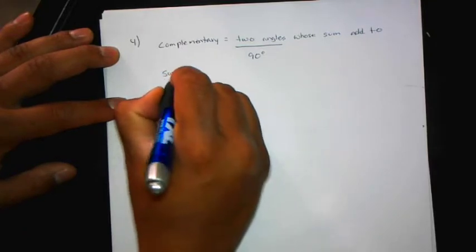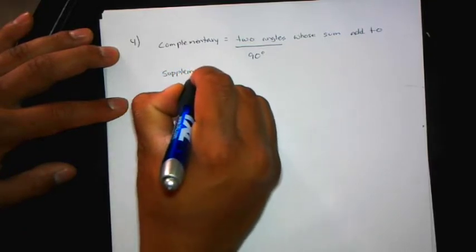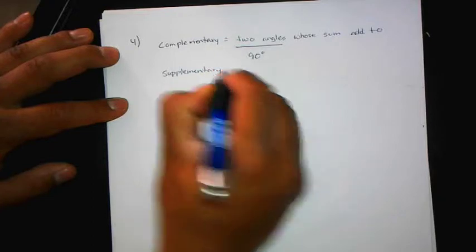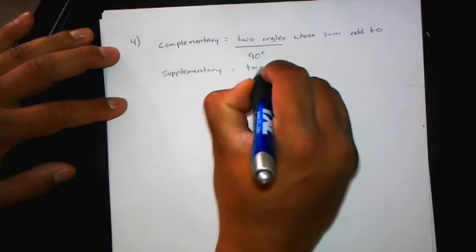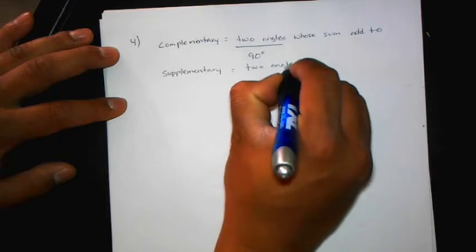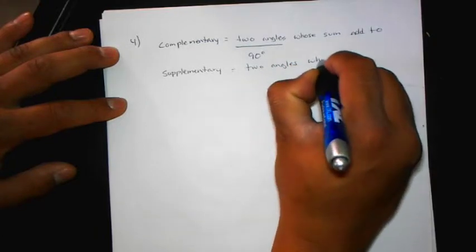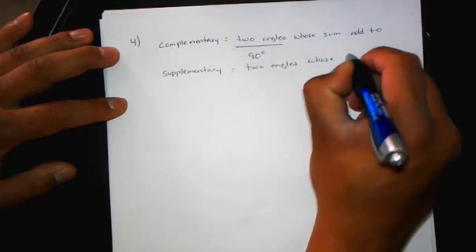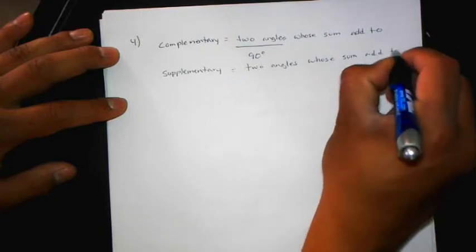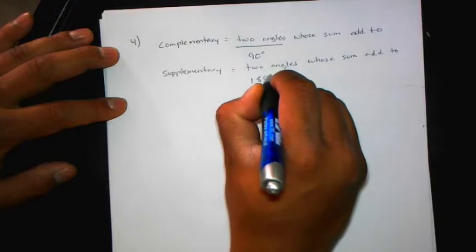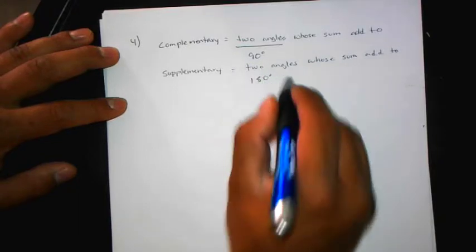Supplementary is two angles whose sum adds to 180. But it's talking about two angles.